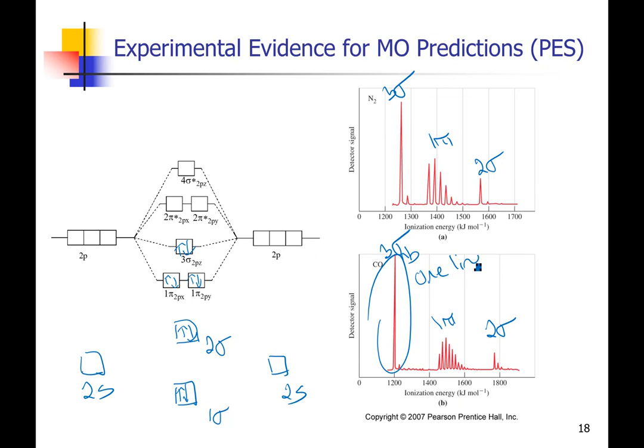And that suggests that the 3 sigma probably has some non-bonding character or is relatively non-bonding, whereas the 2 sigma over here, you can see, has lines that are spaced about equally to the 1 pi, so maybe that is actually bonding, contrary to our initial guess. And that is how you use experimental evidence from photoelectron spectroscopy to confirm or deny the predictions that you made when building your molecular orbital diagrams.